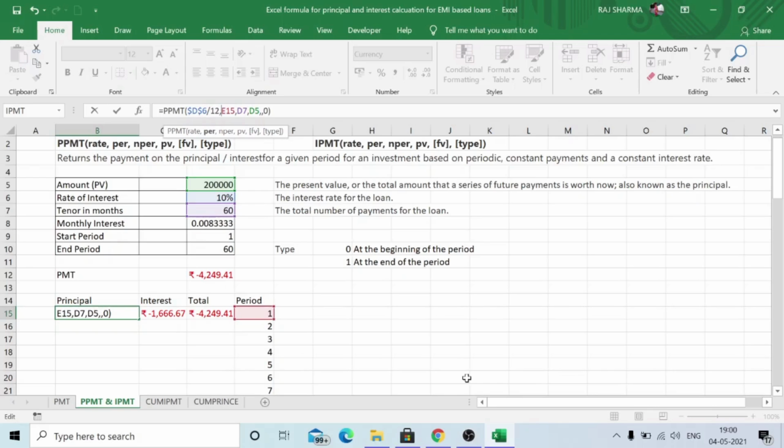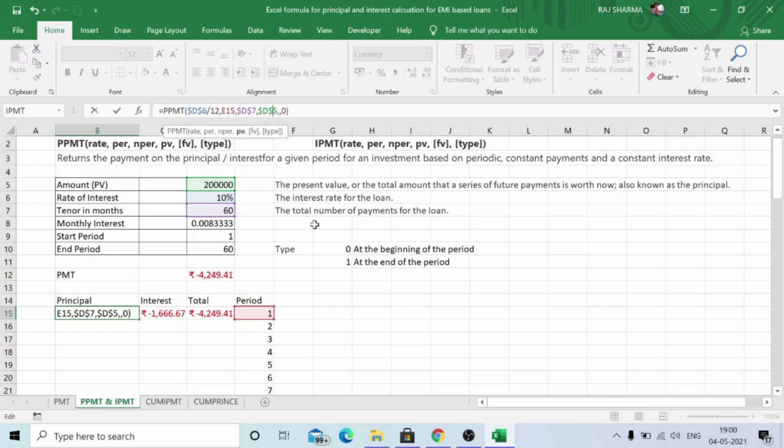Similarly, E5 we have to keep relative because we are going to change the period, so we will keep it as it is. Then D7 is the tenor, which we have to keep fixed, so we will fix the D7. Then D5 is your principal amount, which is also going to remain the same.